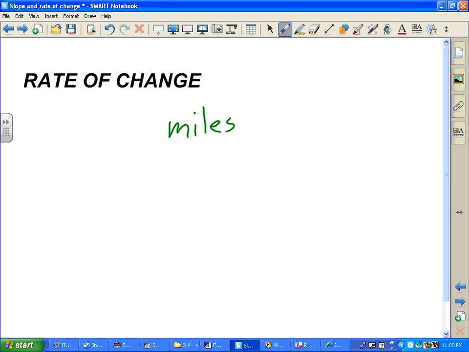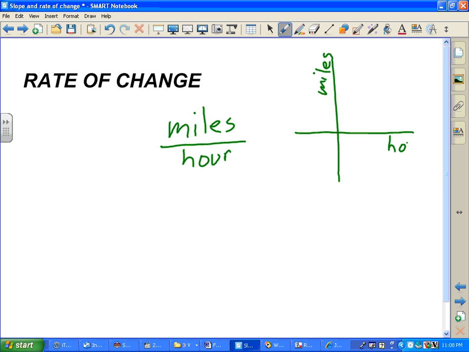Miles per hour. Is this not a slope? If I were to graph this, wouldn't miles be the y-axis and hours be the x-axis? And if I traveled for 1, 2, 3 hours at 60 miles per hour, wouldn't I be going 60 and then 120 miles and then out here 180 miles?